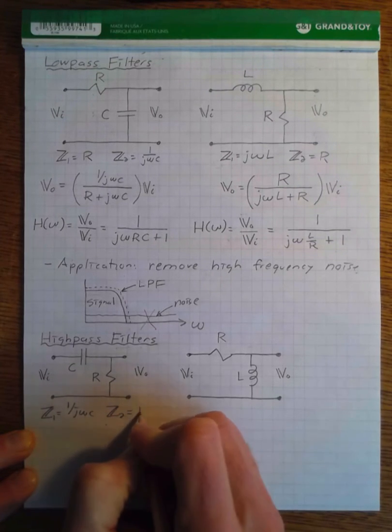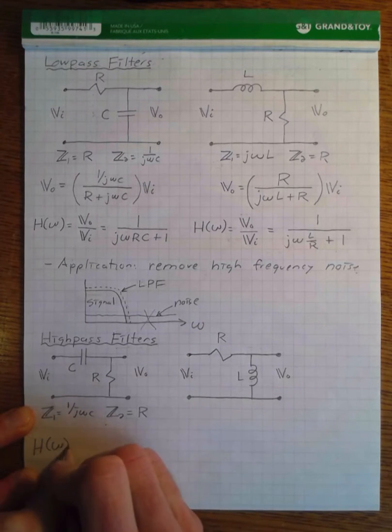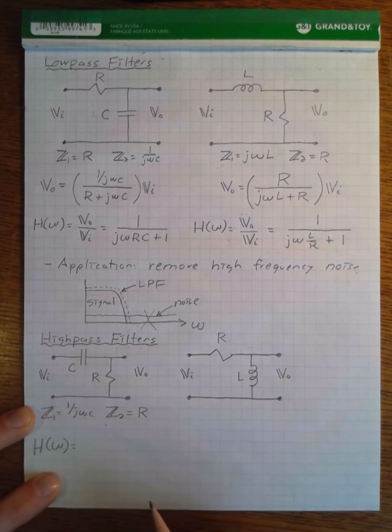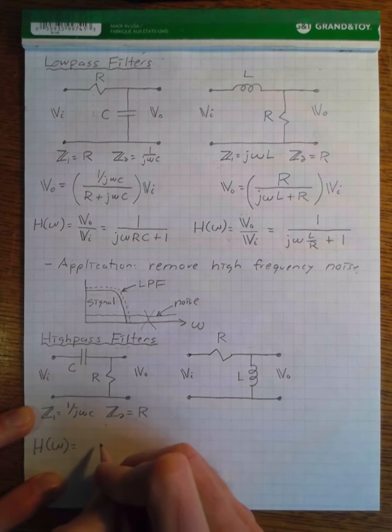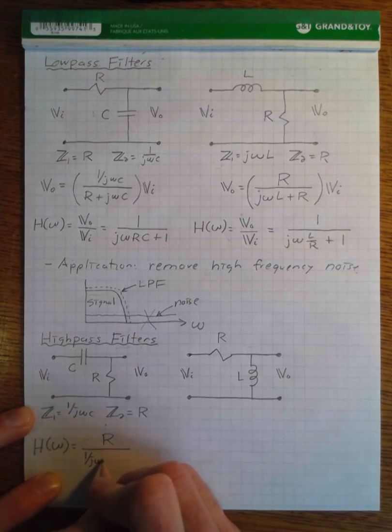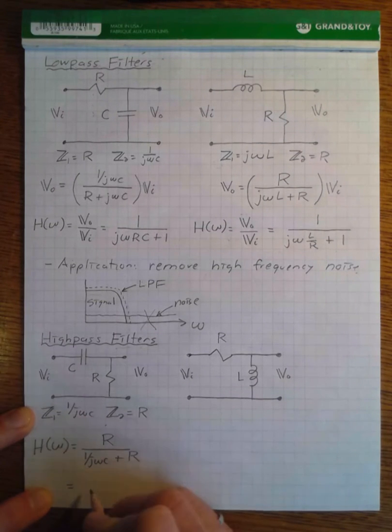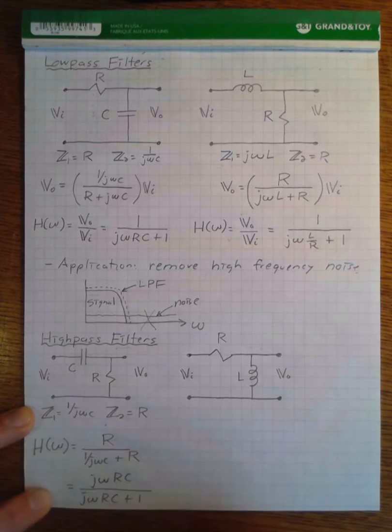Z2 is equal to R. And so our transfer function is equal to R over 1 over j omega C plus R, or j omega RC over j omega RC plus 1.